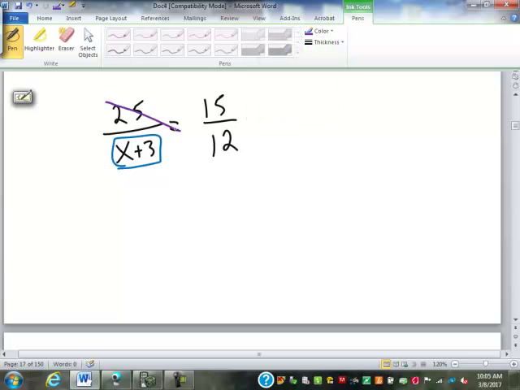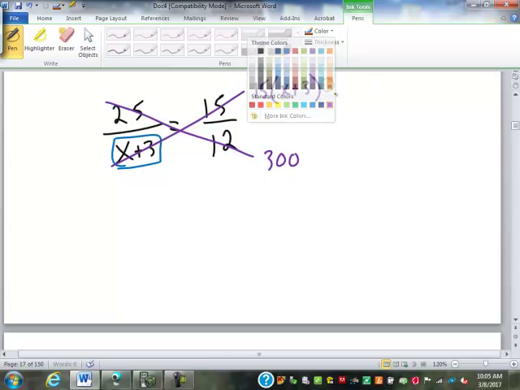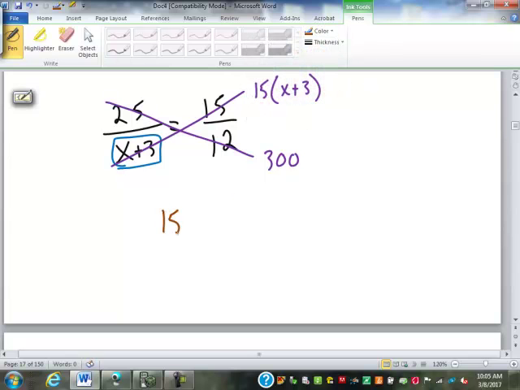So we do 25 times 12, which is 300. Then going this way, we have x plus 3 times 15, or 15 times x plus 3. And we set those two equal to each other. 15 times the x plus 3 has to equal 300.